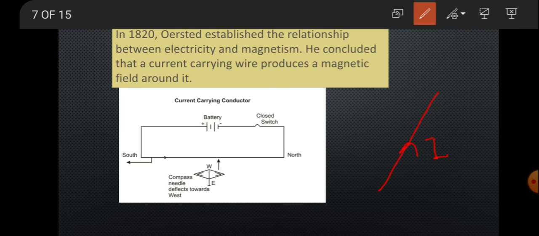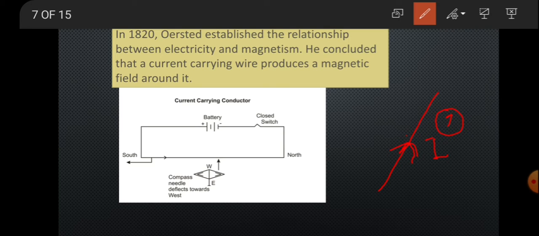He said that if current is passing through a wire and we take a magnetic compass near the wire, the needle of the compass will deflect. It means that due to the current in the wire, a magnetic field is established around the wire.